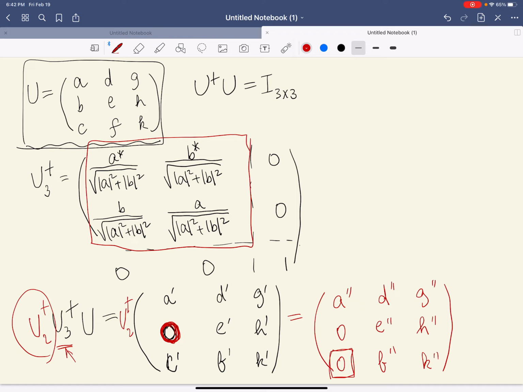Okay, so I'm not going to write down the explicit expression of U2. It has already been written down in my lecture note. You can look that up.